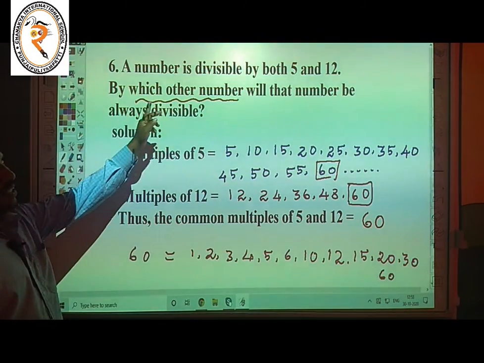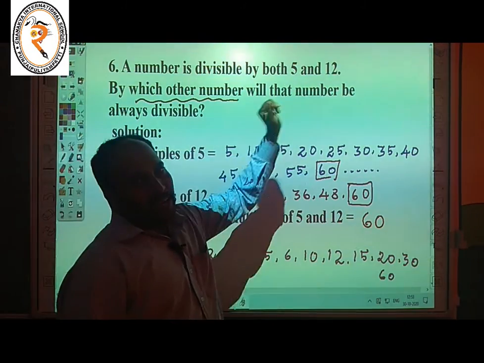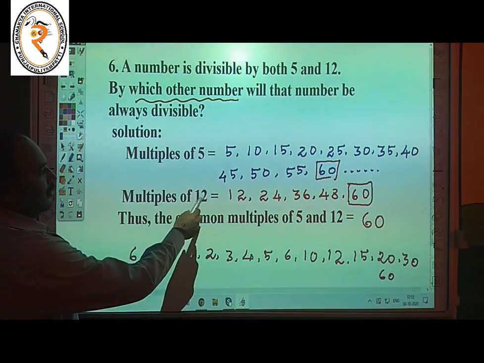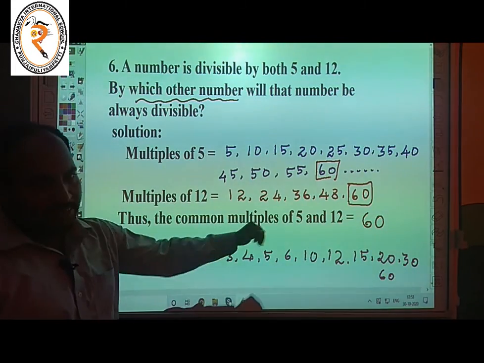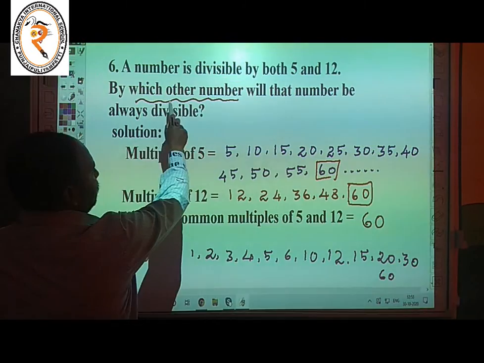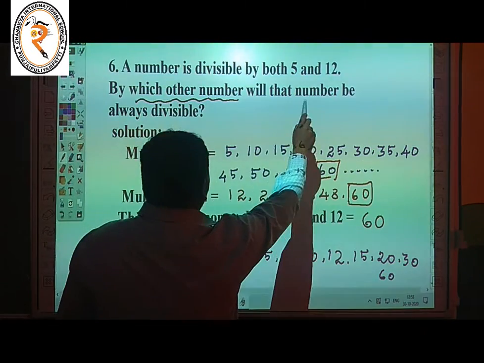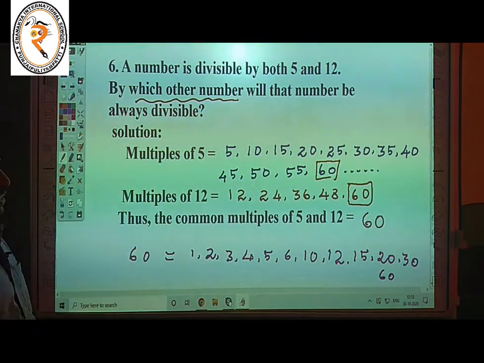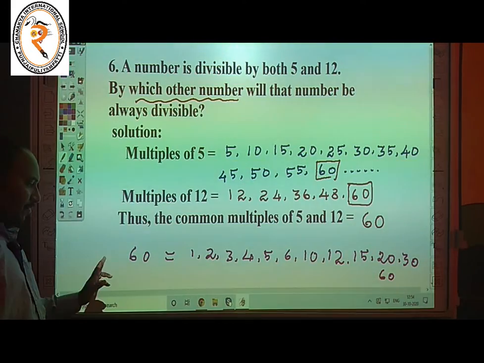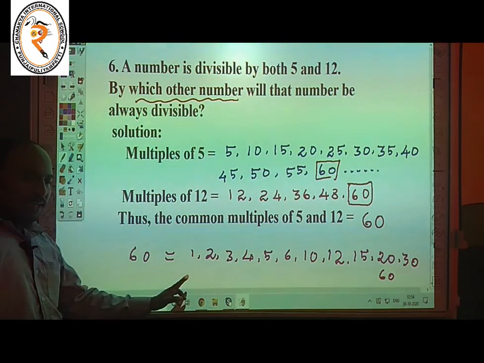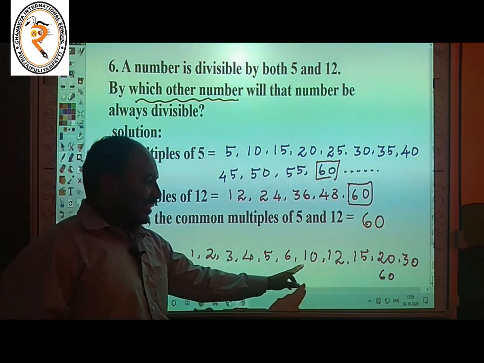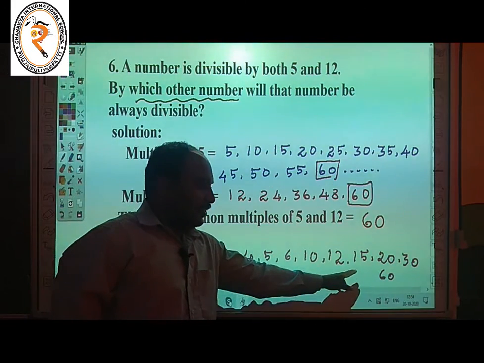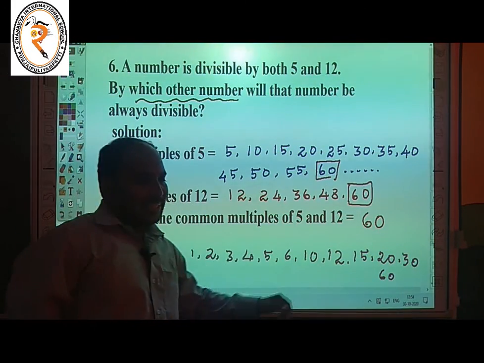Listen here, a number divisible by both 5 and 12, so the common number is 60. Next you want to know by which other number that number will always be divisible. That means we want the factors of 60. Factors of 60 are 1, 2, 3, 4, 5, 6, 10, 12, 15, 20, 30 and 60.